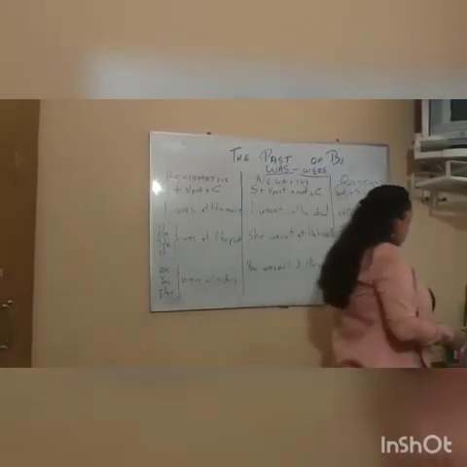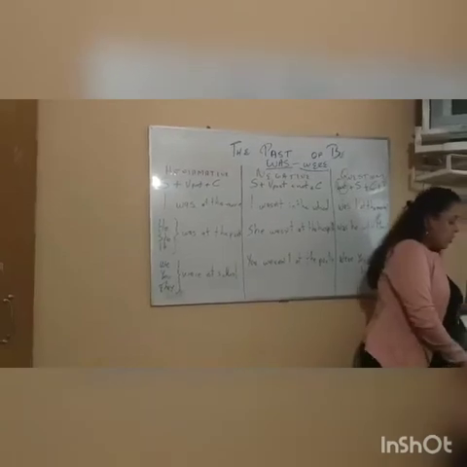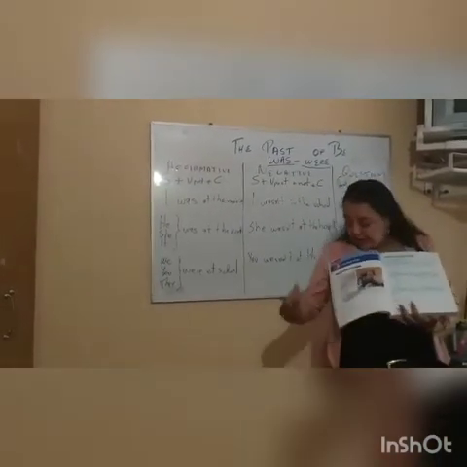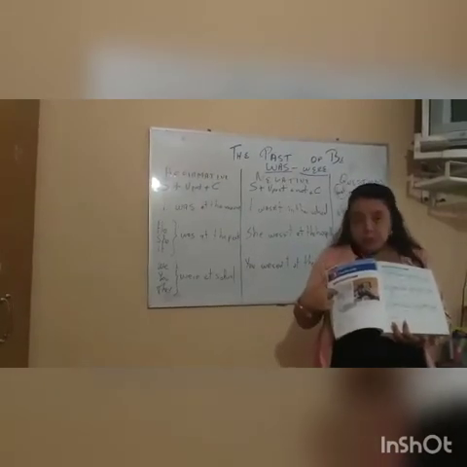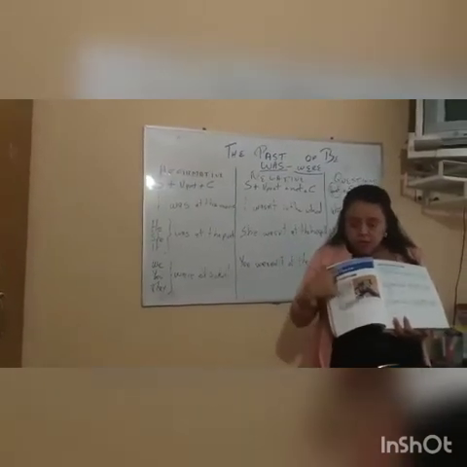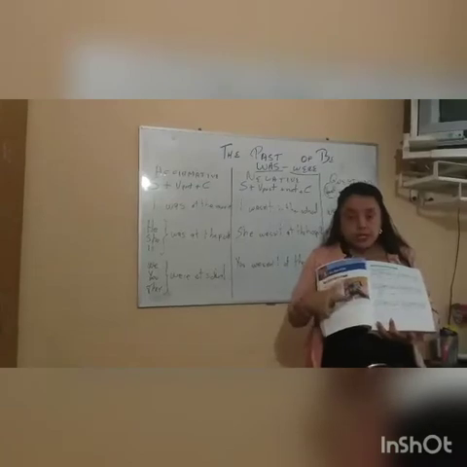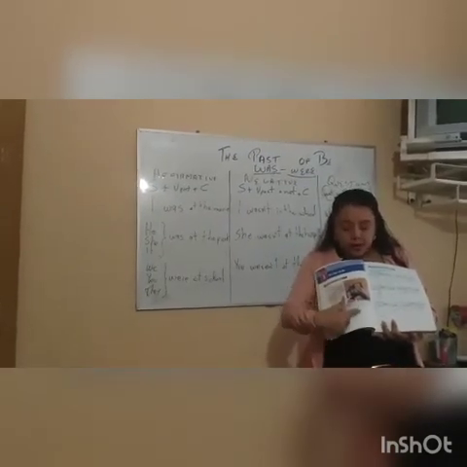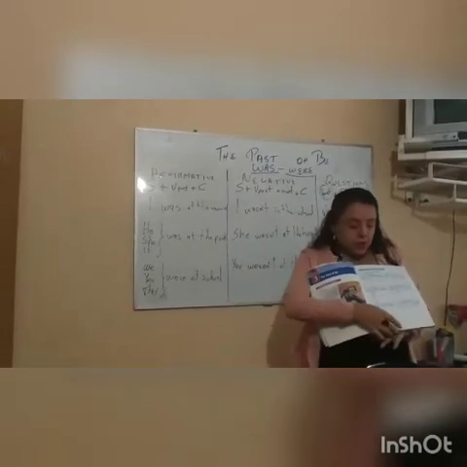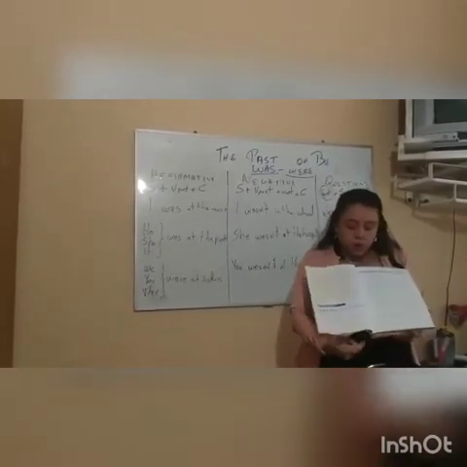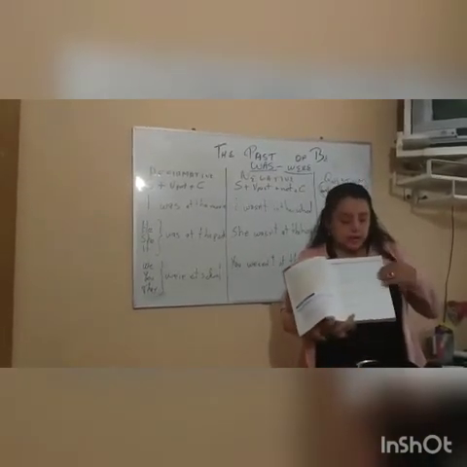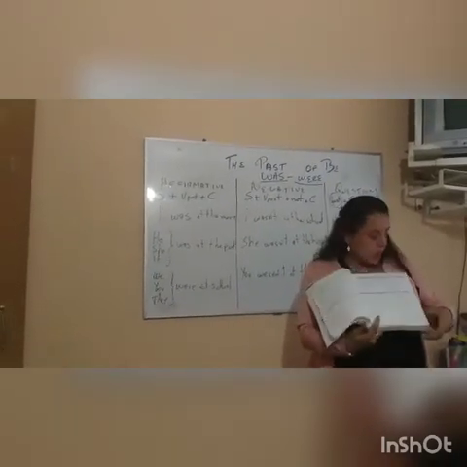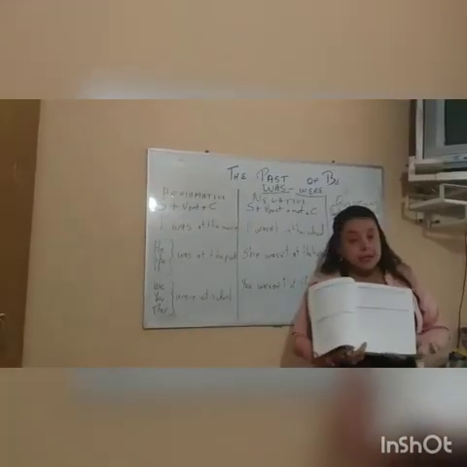In the workbook, in the book, we are going to work about the unit 3. Like I said, the past of be. So the students are going to read this part and they are going to answer the last part. Also, they are going to fill the next pages like 25 to 27 in the class.